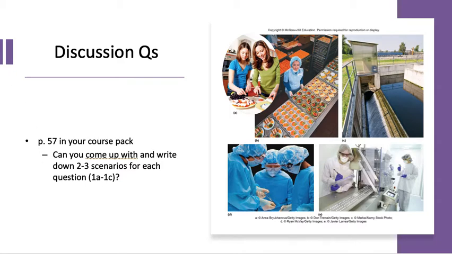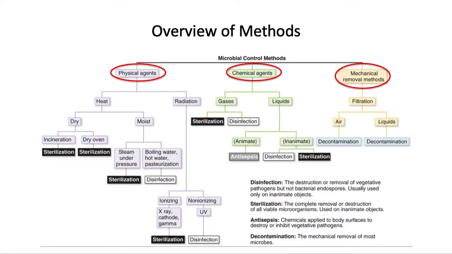For this week, we're going to be focusing mostly on physical and chemical methods of microbial control, a little bit of mechanical methods. And so just to distinguish between these 3 things, if something is a chemical method, then that means you'll find what it's made of on the periodic table.